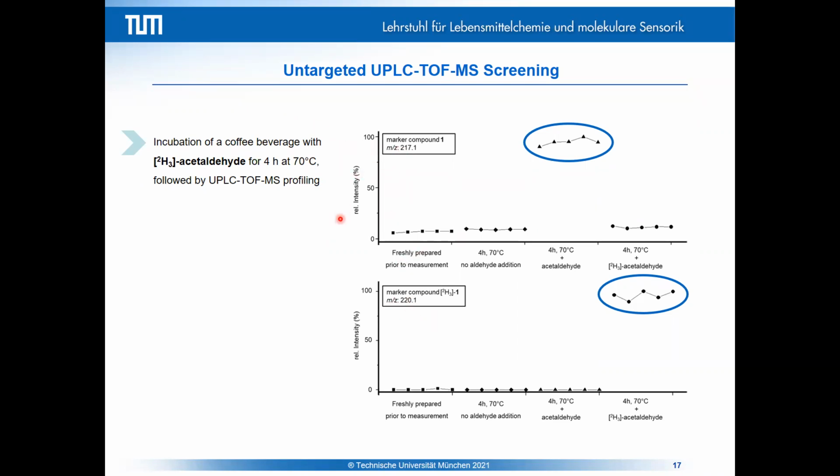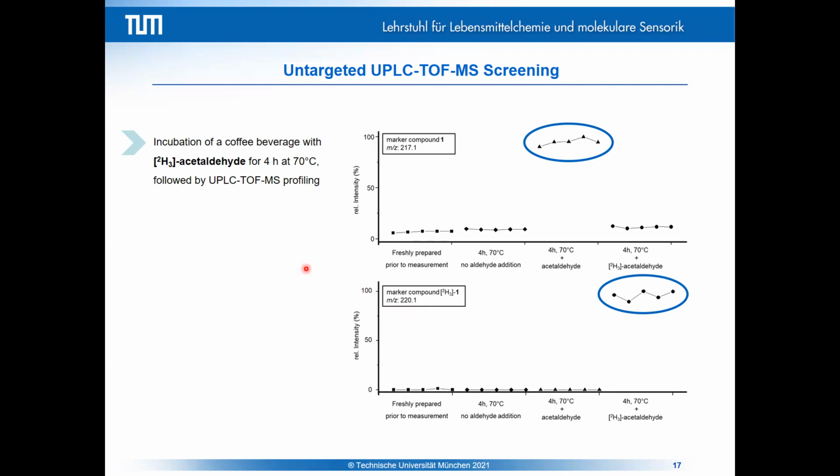And you can see here on the right-hand side a normalized trend plot where you can see the abundance of the five different UPLC TOF-MS acquisitions. On the top, we only monitored the intensity of the ion with 217 m/z in negative ESI mode, and on the bottom we monitored the intensity of the ion with 220 m/z.